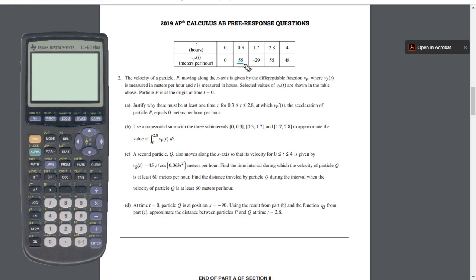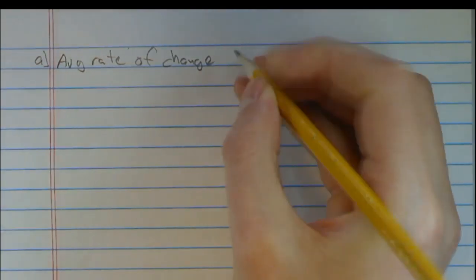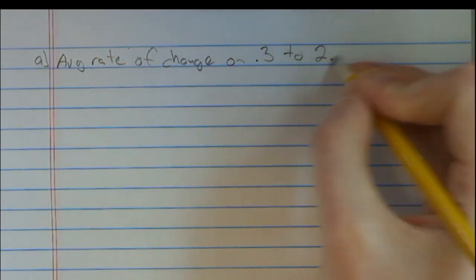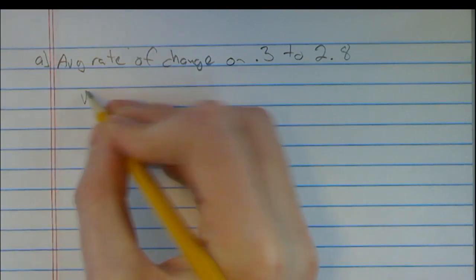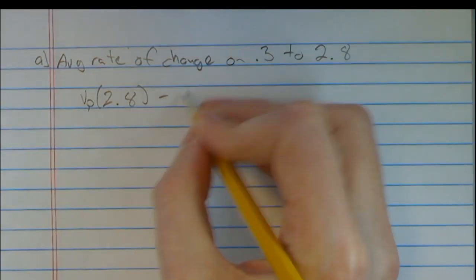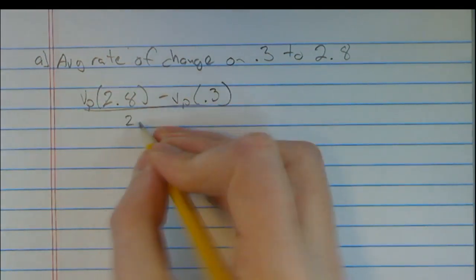So the crucial thing, essentially, is that we're going to find an average rate of change. The average rate of change on the interval 0.3 to 2.8 is the value of the function at 2.8 minus the value of the function at 0.3, over 2.8 minus 0.3.